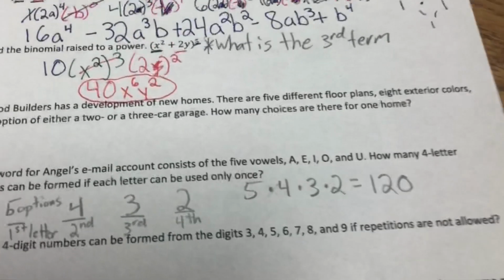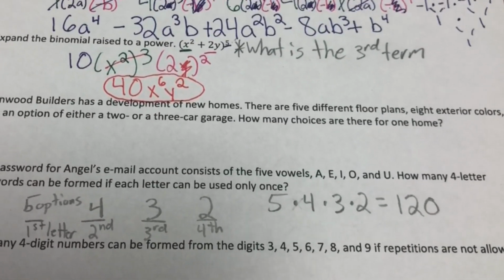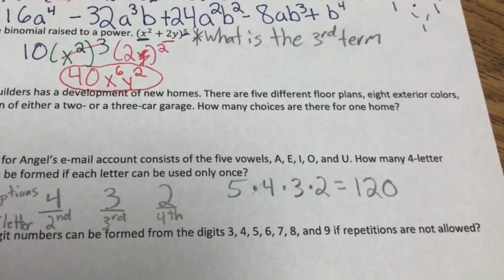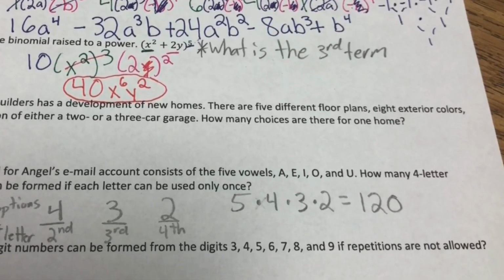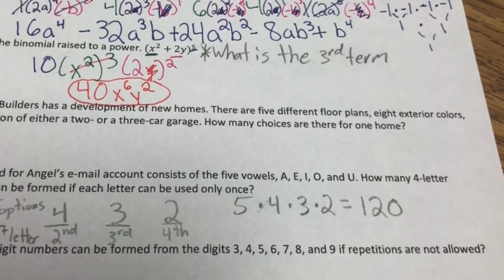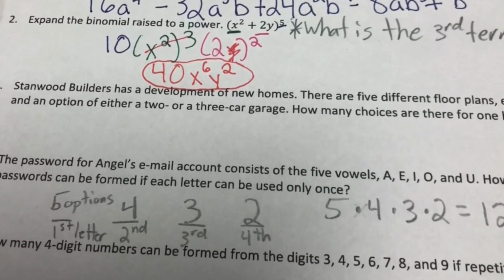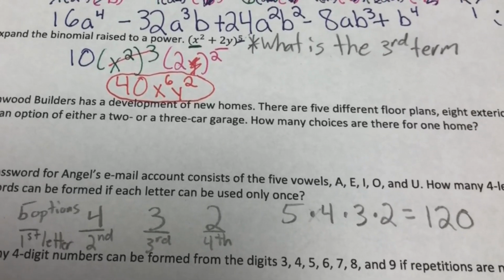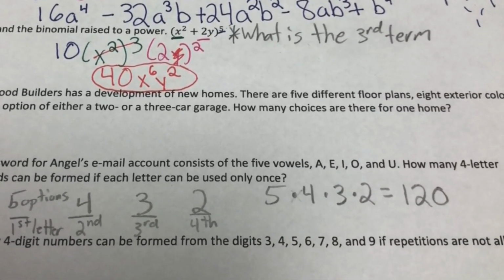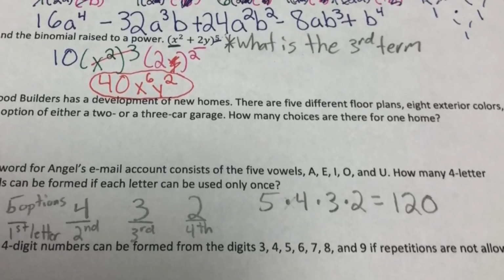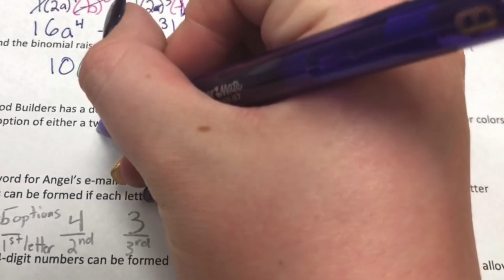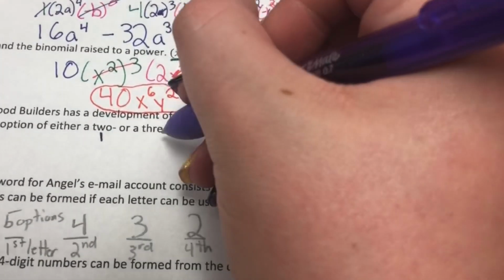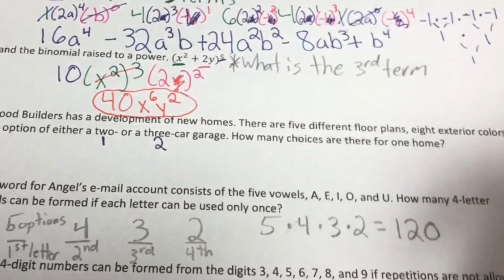For number 3, so we are given 5 different options for the floor plans, 8 for the exterior colors, and option of either 2 or 3 car garage. So all you need to focus on when it comes to the garages is that the 2 car is one option, the 3 car is the second option.